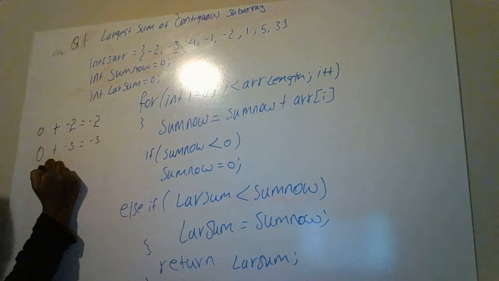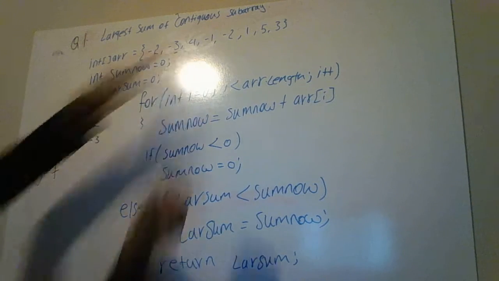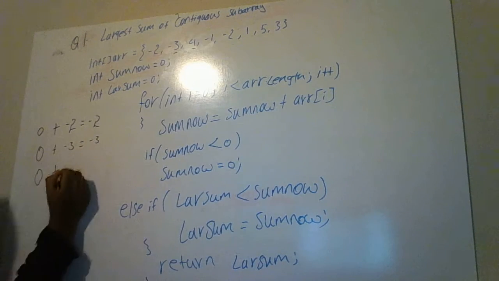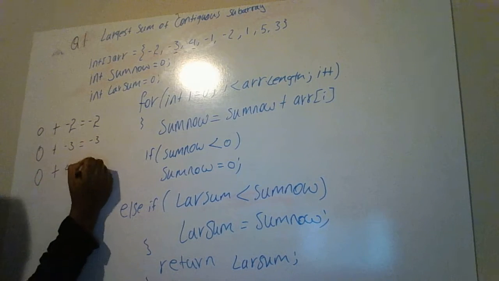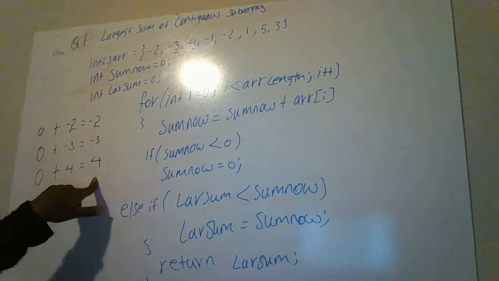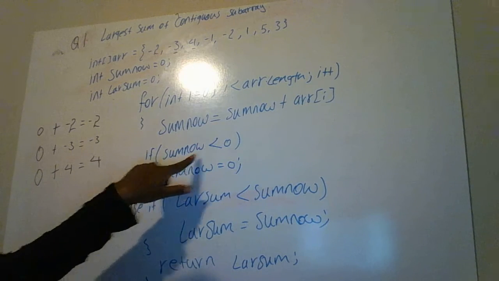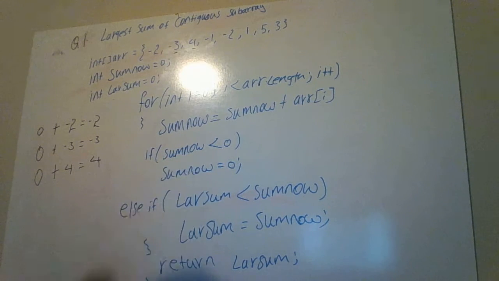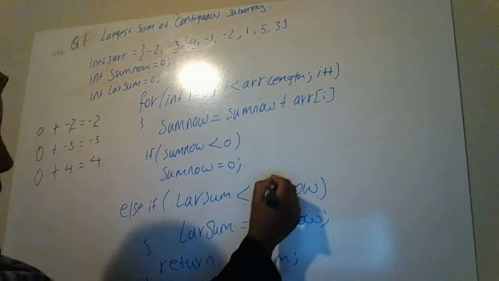So we have 0 plus the third element, which is 4. So sum now becomes 4. Right here, since sum now is greater than 0, we go to this step and compare sum now to the largest sum.